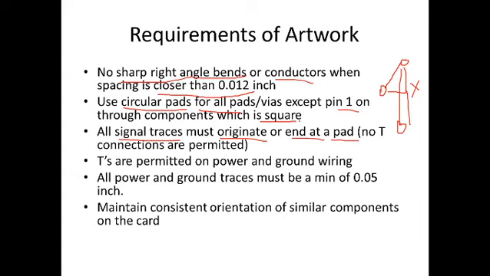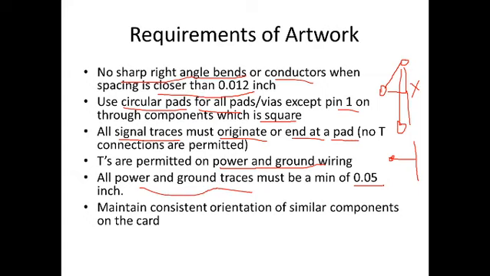Okay, then these are permitted on power and ground wiring only. Means T means this part. So the power line can be moving to another pad like this. Only for power and ground wiring T's are permitted. Then all power and ground traces must be a minimum of 0.5 inches.